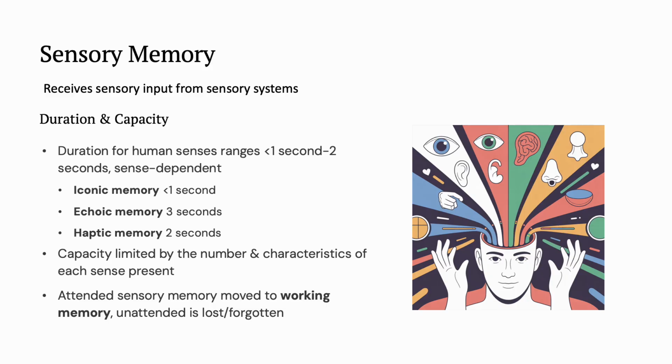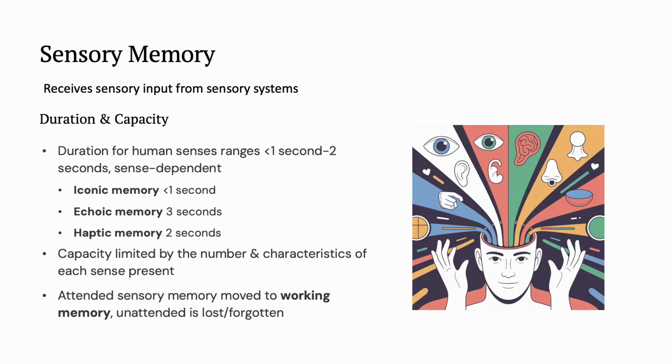So because no singular experience is entirely one sensory input, meaning it's always eyes and ears, or eyes and touch, or eyes and some secondary sense, what we understand is that the capacity of sensory memory varies. It may be higher if we have a large amount of data that stays around longer, so a lot of echoic data.